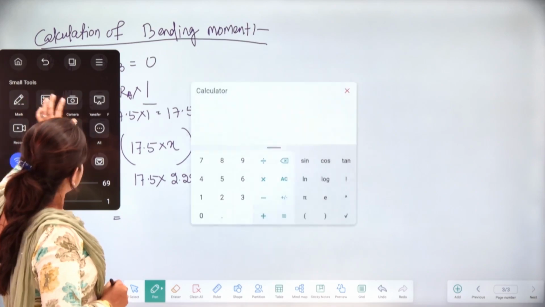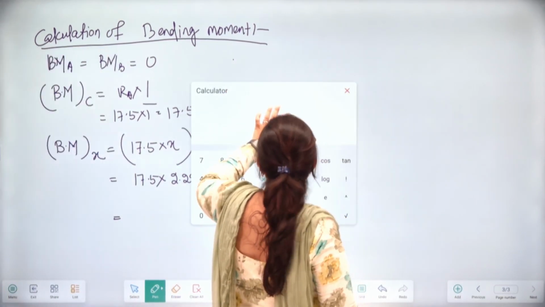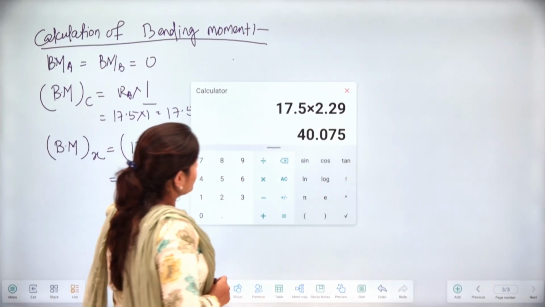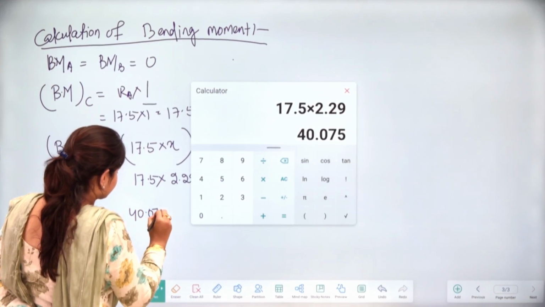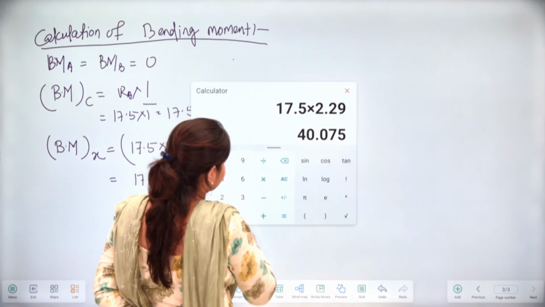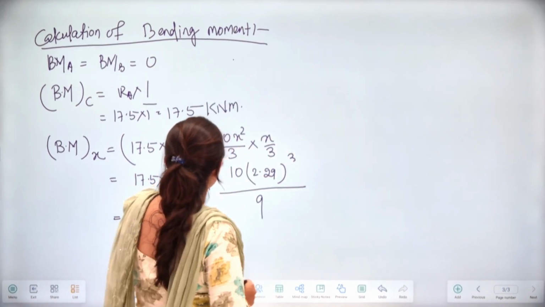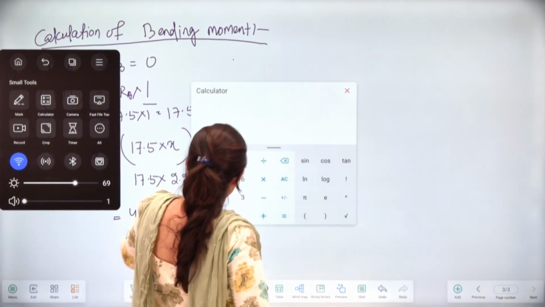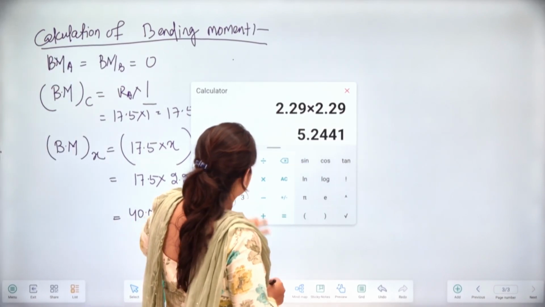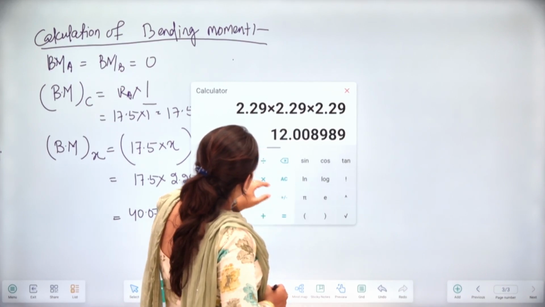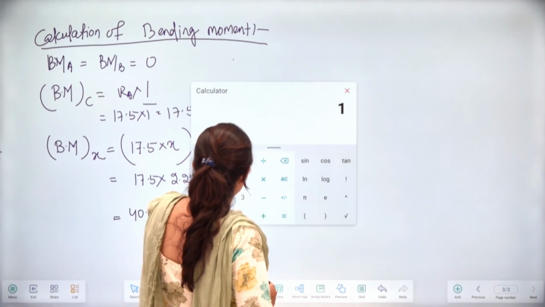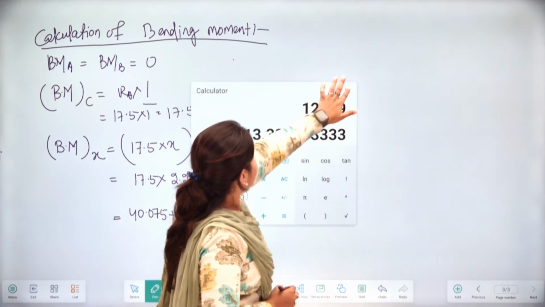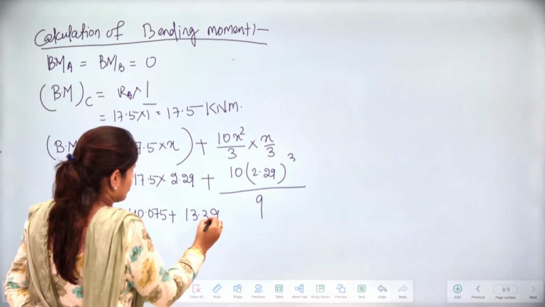Now 17.5 into 2.29 is 40.075, plus 2.29 into 2.29 into 2.29 is 12, into 10 divided by 9 is 13.33.